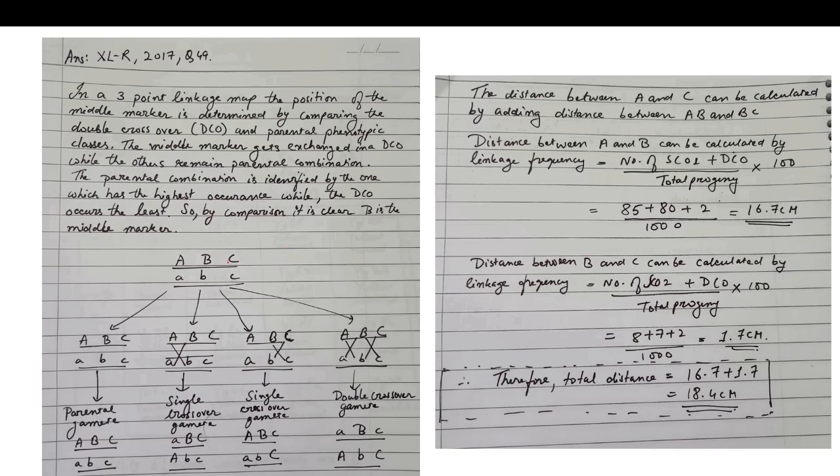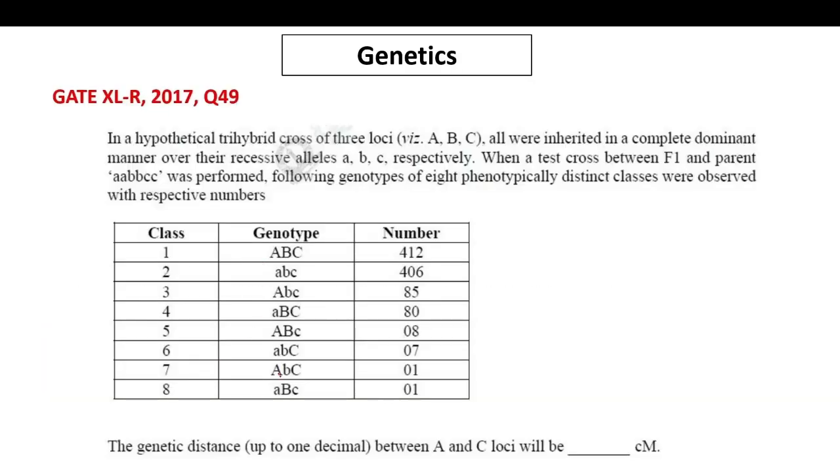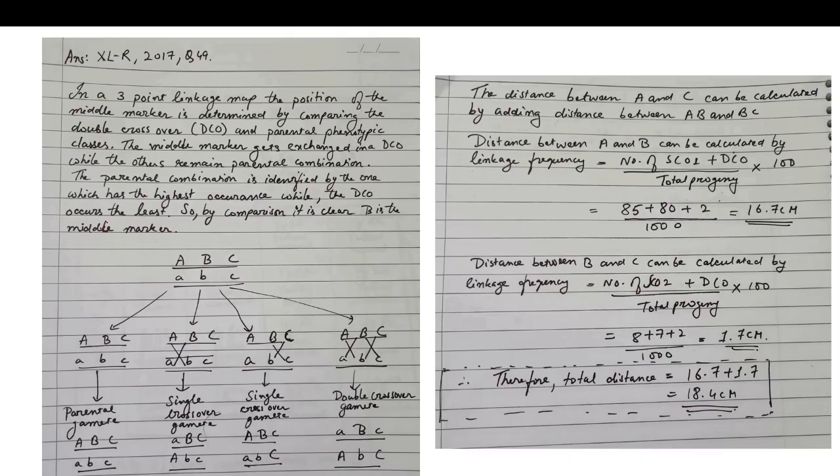Just like what I have seen in the question, this B is actually changing its place, and the other two are the parental loci only. Only this B is swapping the place. How do we know it is the double crossover? This is the double crossover because this is the least number among all that is given here. So that is your double crossover and your B is swapping places. That's why your B is the middle locus. So by comparison, it is clear that B is the middle marker.